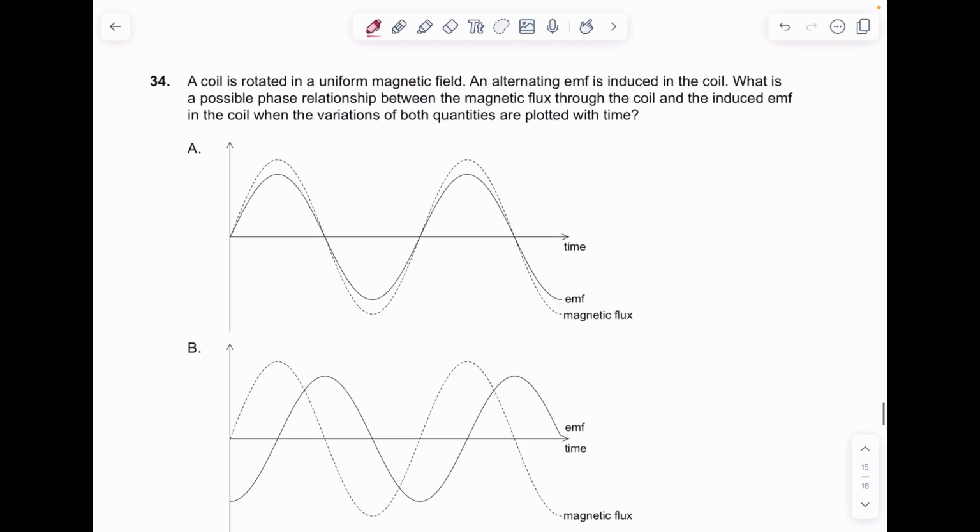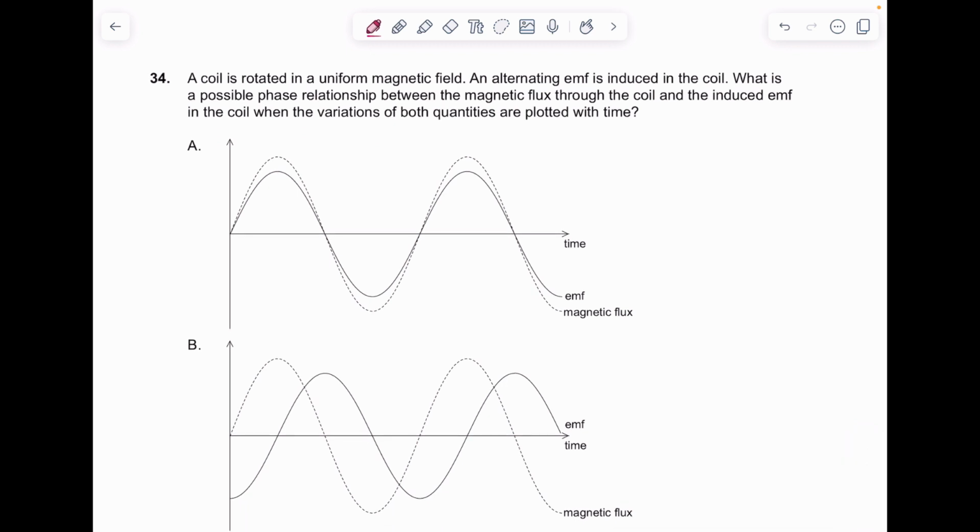Question 34. Again, we've got an induced EMF. What's the possible relationship between the flux and the induced EMF? So the induced EMF, if we look at our data booklet, is equal to minus n delta phi over t. So as the flux changes, the EMF is equal to the negative of the rate of change of flux.